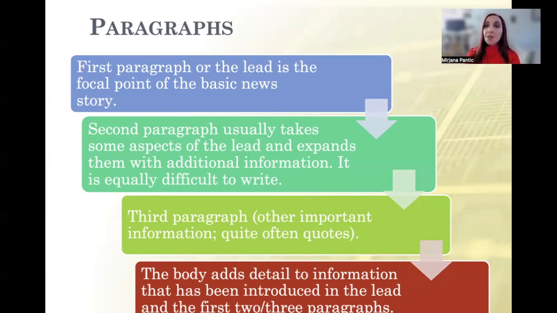And then the body adds detail to information that has been introduced in the lead and in the first two or three paragraphs. So you have this most important information, first, second, and third paragraph, and then there's the body of the inverted pyramid.